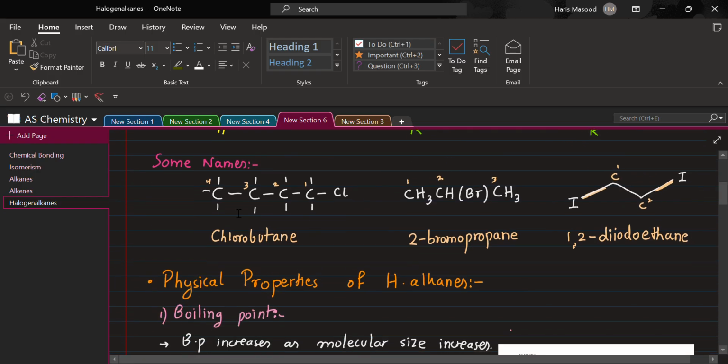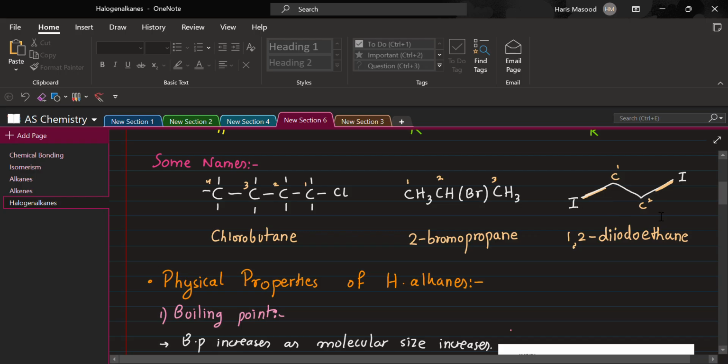I did some namings here. So when we are attaching a halogen to a straight chain, we just call it with the name of the halogen, that is chlorobutane, bromobutane, iodobutane. Butane will be the chain of carbons. But if you are attaching the halogen in between the carbon chain, then it will be numbering, like 2-bromopropane, where the carbon chain is of 3 carbons, that is propane.